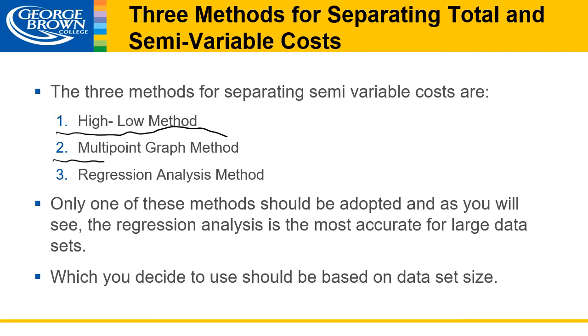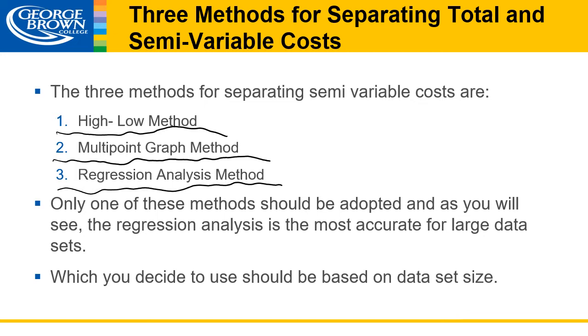On the other hand, we have a multi-point graph method, which is essentially a scatter plot that we plot using data and create a trend line and extend it to the y-axis on the graph, and that'll tell us the fixed component of either our total cost or our semi-variable costs. We have regression. So we can perform a regression analysis using a regression equation to identify the fixed component of our total cost or semi-variable costs, and then performing a bit of algebra, we can calculate the variable component.